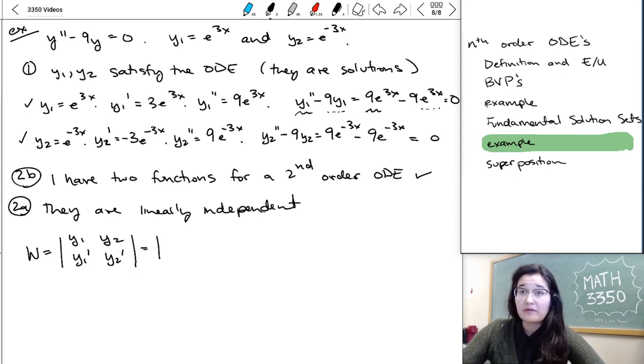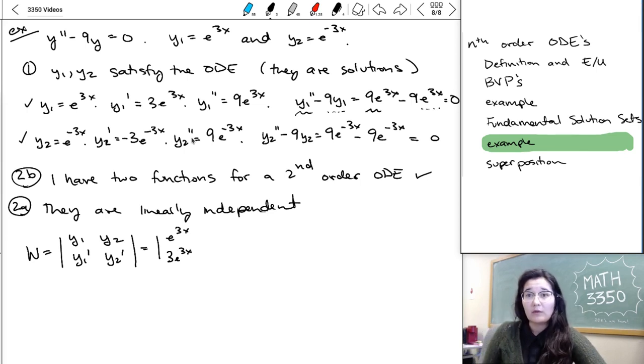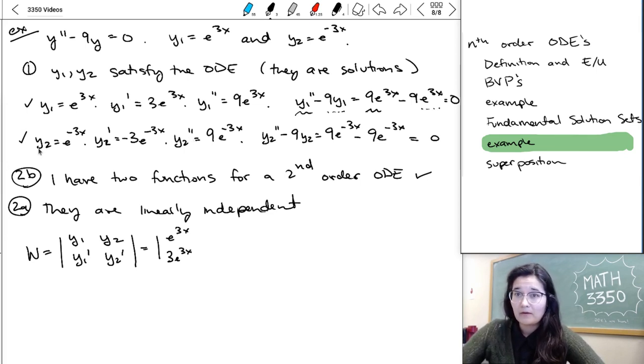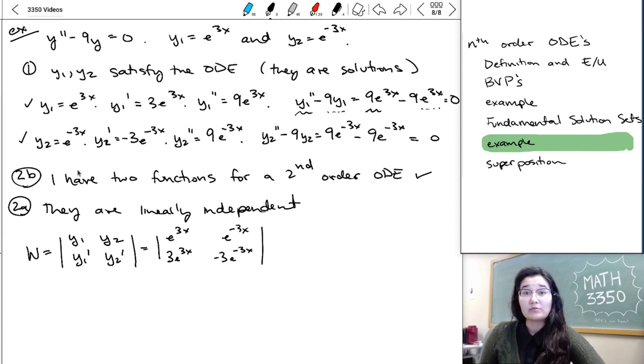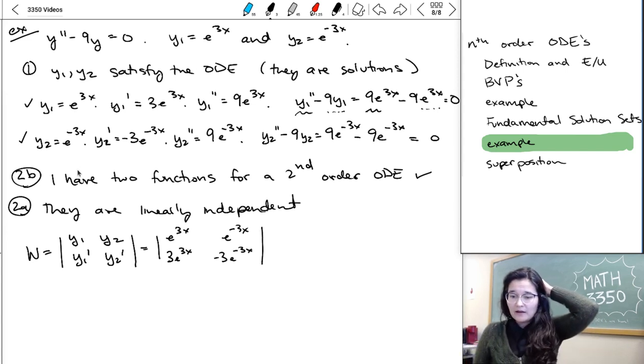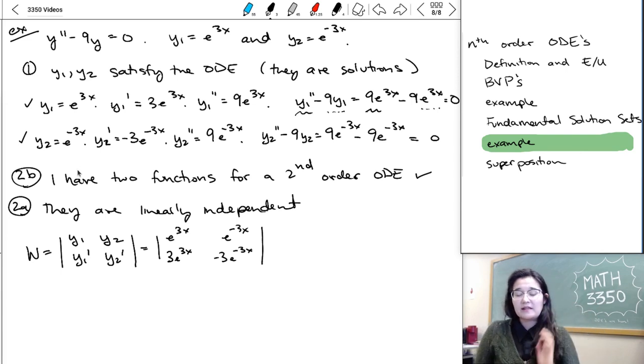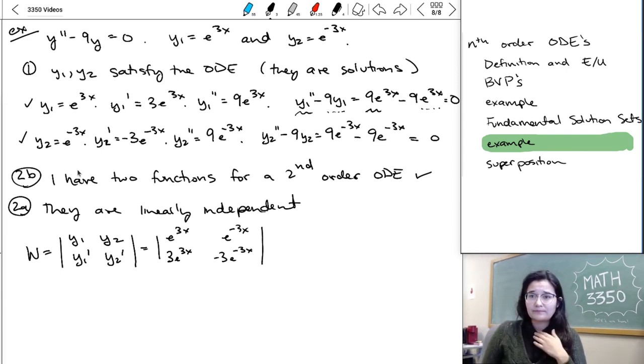I took those derivatives up above, so we can just go ahead and fill in what y and its derivatives are. We had e to 3x and 3e to 3x for y1 and y1 prime, and we had e to minus 3x and minus 3e to minus 3x for y2 and y2 prime. And then to evaluate the Wronskian, we compute this determinant.